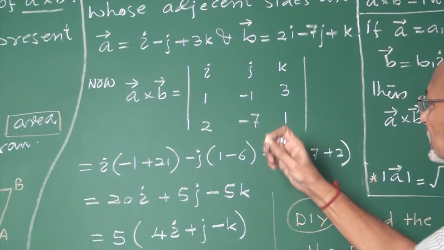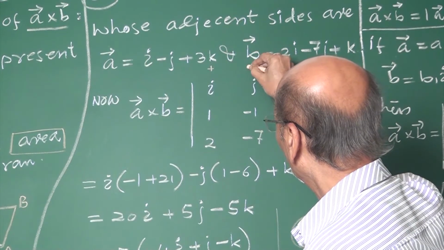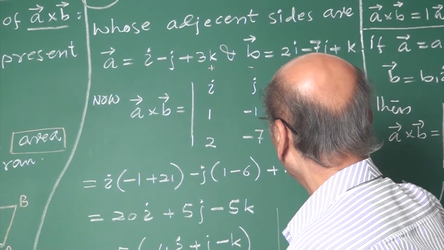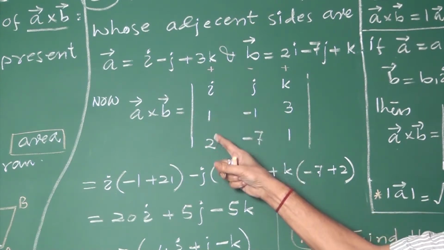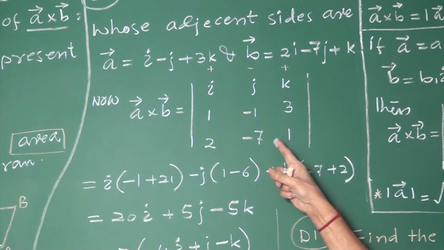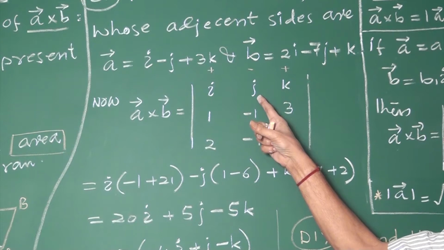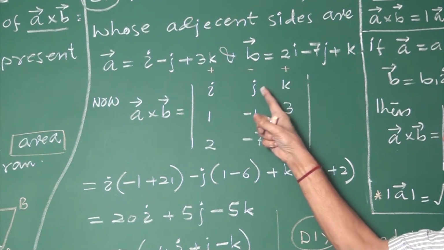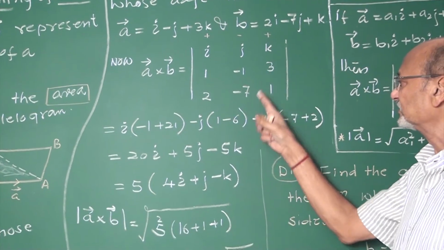This is a determinant. To evaluate it, attach a plus sign, then move alternately with plus, minus, plus. Plus i into, leaving the elements of the first row, first column, minus 1 times 1 minus of minus 7 times 3, that is minus 1 plus 21. Minus j into, leaving the elements of the first row, second column, 1 minus 6.